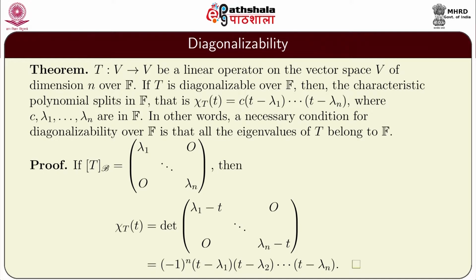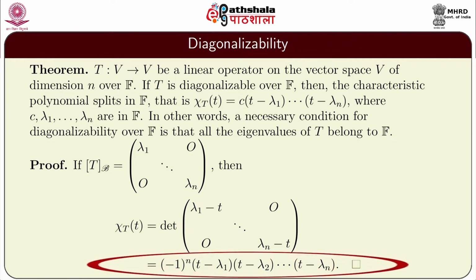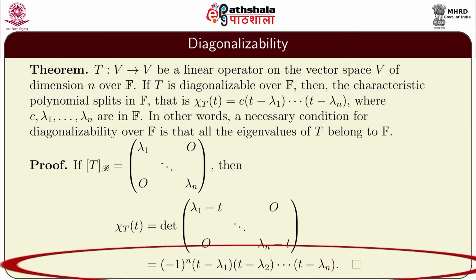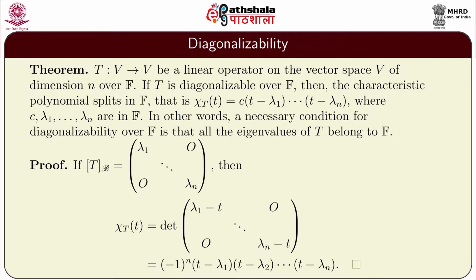And therefore, the characteristic polynomial of T would be the determinant of the diagonal matrix with entries lambda_1 minus t etcetera up to lambda_n minus t, which is the product of these linear polynomials in t, that is (lambda_1 minus t) into (lambda_2 minus t) and so on up to (lambda_n minus t), which is (minus 1) raised to n times (t minus lambda_1) into (t minus lambda_2) etcetera up to (t minus lambda_n).